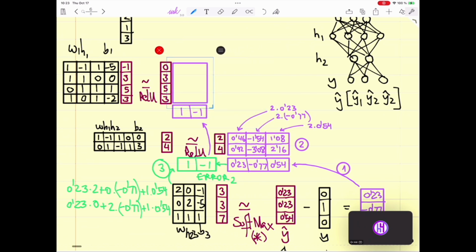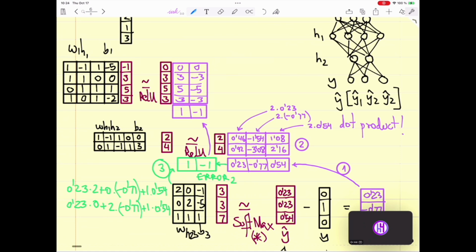Remember, otherwise it's not correct, and otherwise you don't get points. So this is a dot product. And here we do the same. 0 times 1 is 0, 3, minus 3, 5, minus 5, 3, minus 3.